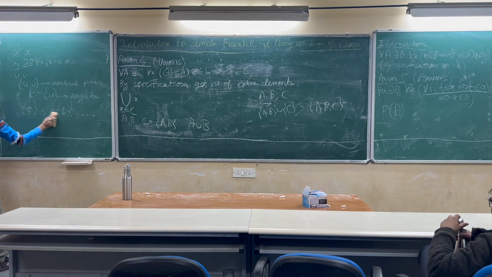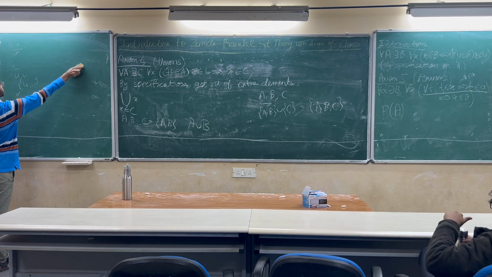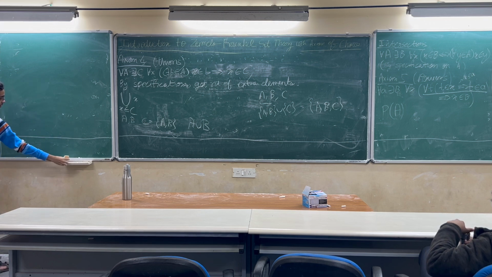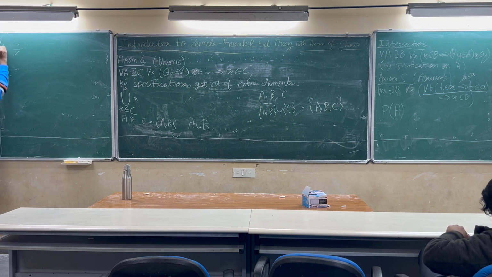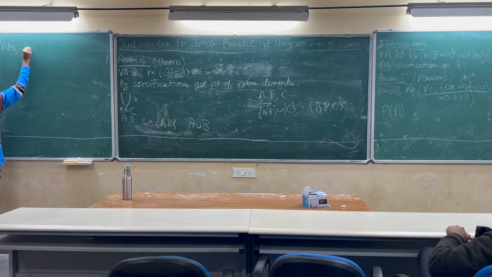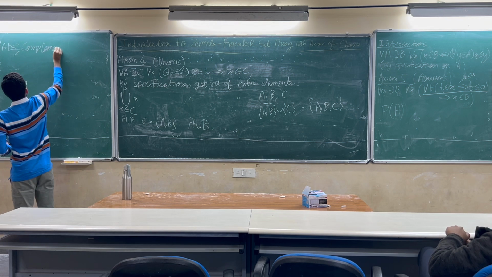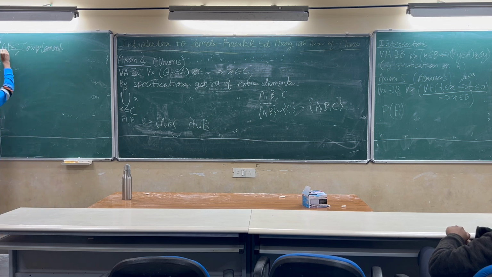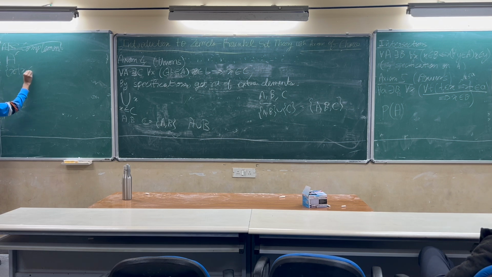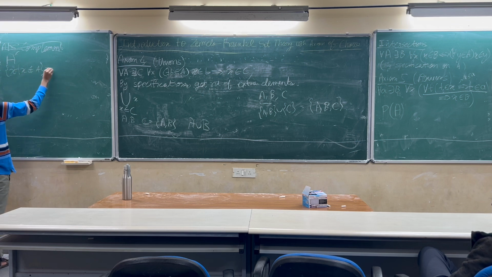So one thing to keep in mind is that there is no notion of absolute complement. Absolute complement doesn't make sense. Why is that? Because let's say you have a set A and you want to talk about all those elements which do not belong to A. Let's say this was actually a set.